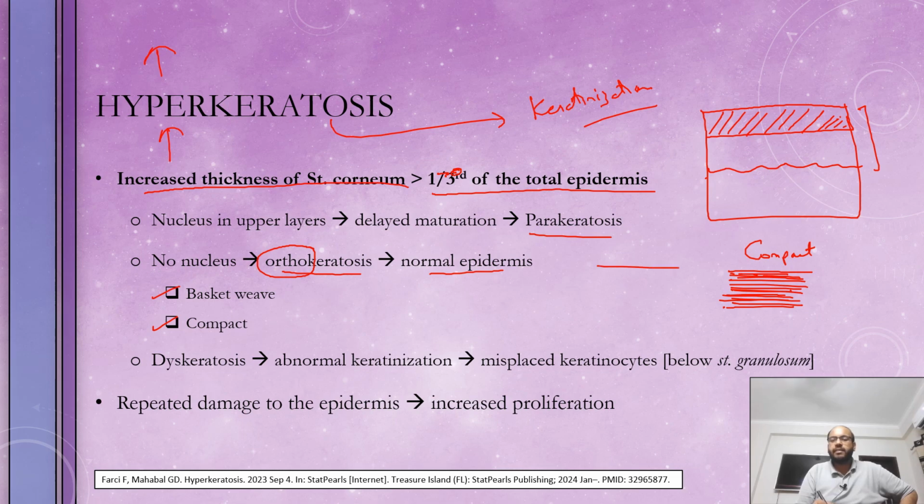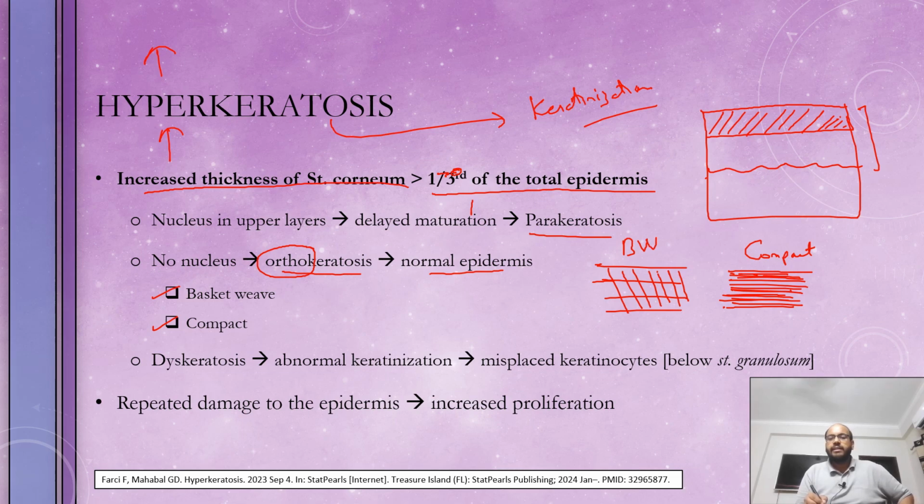While in basket weave hyperkeratosis, you have empty spaces in between. Okay, empty spaces in between. It looks like a basket, the one you have in villages and all, or any kind of net type basket. It looks like a net, and that is known as basket weave orthokeratosis. But remember, in both of this type of orthokeratosis, you will not see nucleus.